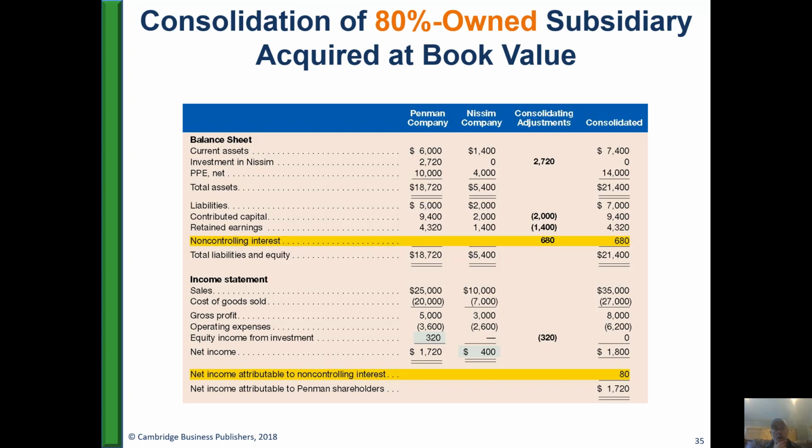But if we only own 80%, then there's still going to be 20% of that company owned by somebody else, owned by, in this example, what the authors are calling a non-controlling interest. You'll also see that reported as a minority interest. In that case, you can see in the consolidated financial statements, we have added a non-controlling interest to the balance sheet and a net income attributable to non-controlling interest to the income statement, which amounts to the 20% of Nissim, in this case, that we don't own.